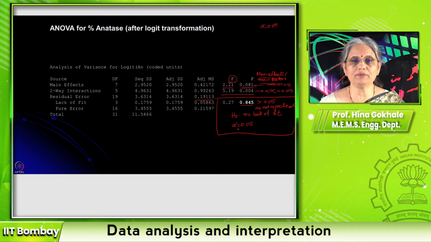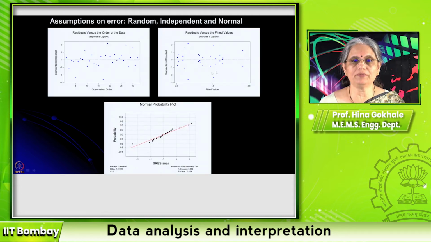These are the confirmation of the assumption on error. The first plot shows that it is a random error. This also shows that it has no effect of the fitted values, it is also random. This is random with respect to observational order, so there are no systematic changes because of the observations made.